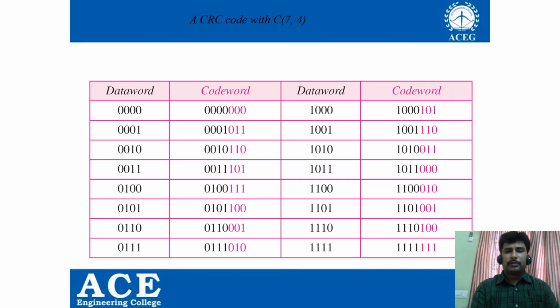Here is an example of a cyclic code where a code word, for instance, 0001011, you are cyclically shifting. So the last bit will be moving to the first bit position. On cyclically shifting, the code word generated is 1000101. Just check whether we have that.